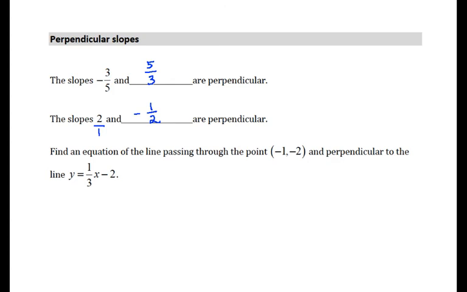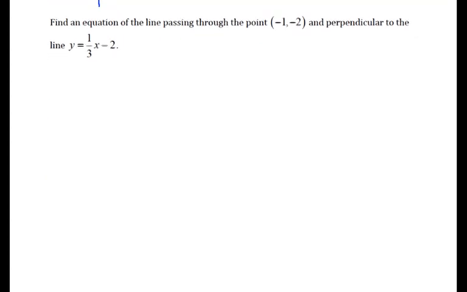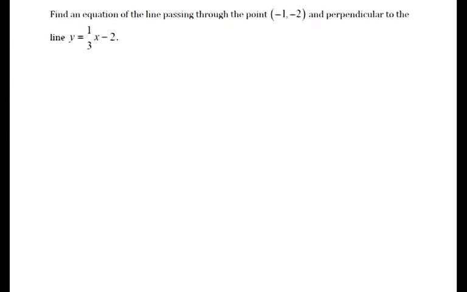We can use that information to help us find an equation of a perpendicular line given an equation of the line that it's perpendicular to. So what we want to do here is identify our point x1, y1. This is constants, right? x1, y1, which is a point on the line, and we want to be perpendicular to the line y equals 1/3 x minus 2.